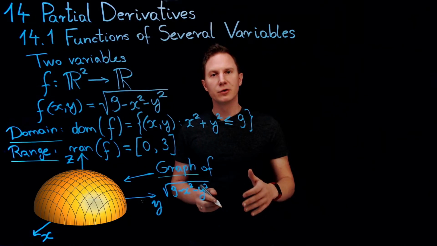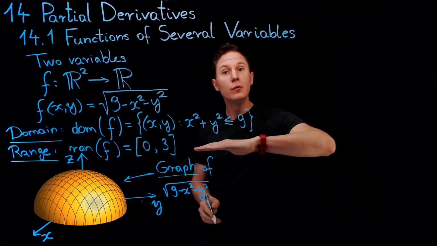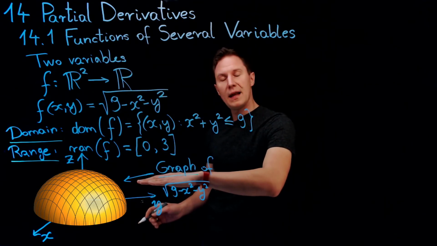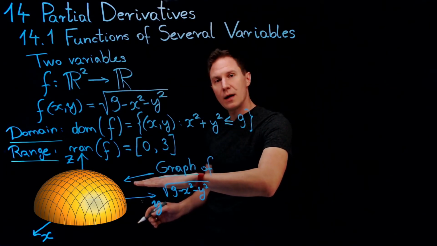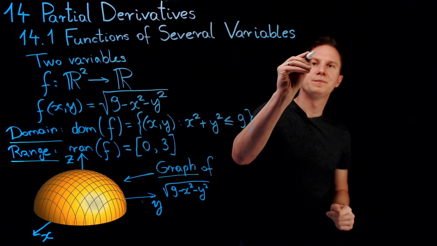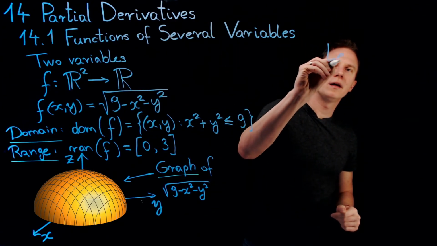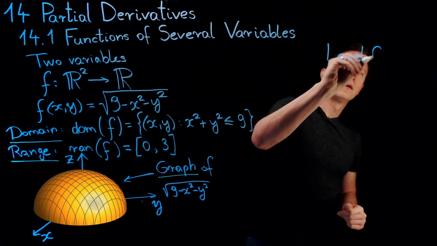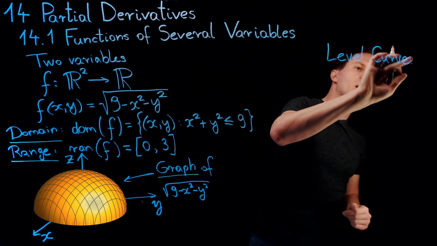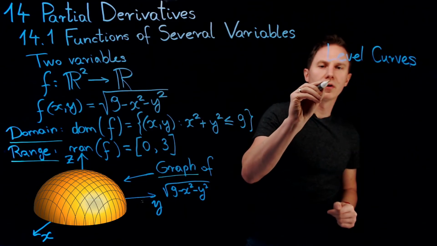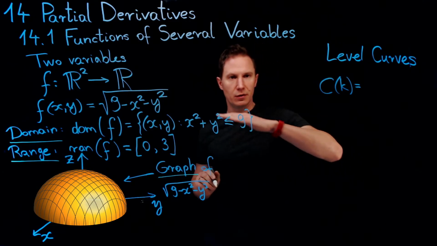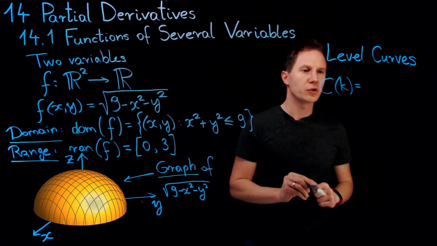The level curves you get by slicing through the graph of the function with planes parallel to the xy plane at different heights. So the level curves are defined for all values k from the range of the function, all possible values that the function can take.